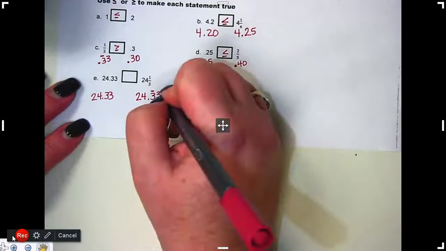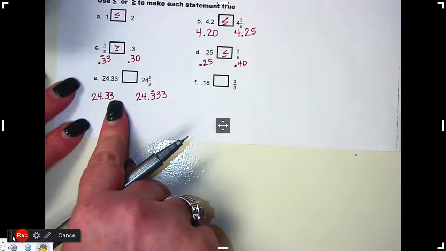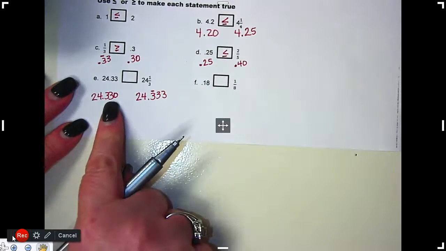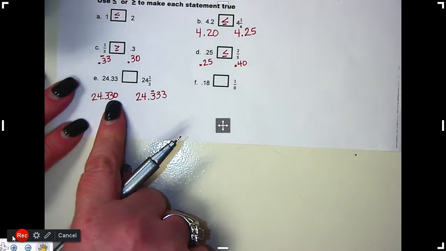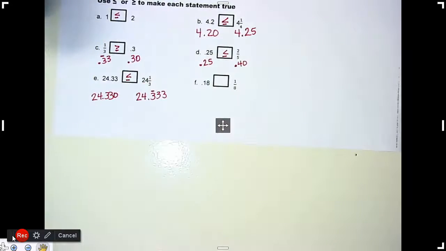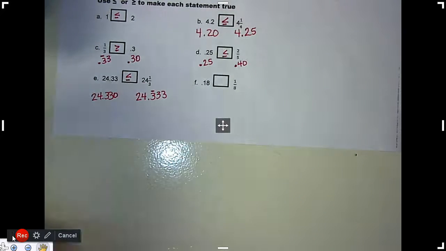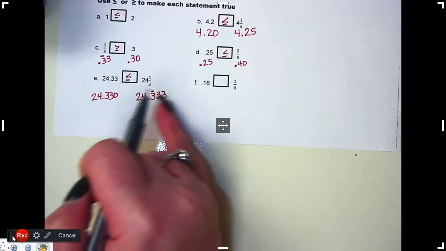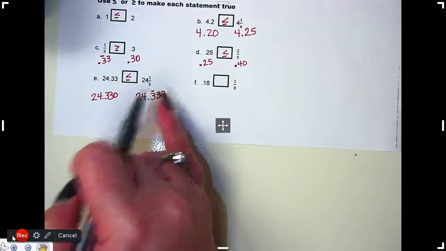A 3. What's the next digit on this one? A 0. Now can I compare? Yes, this one, 330 is less than 333. So less than or equal to. Does that one make sense? You can keep going on a repeating decimal until you get to a place where the place value is different.